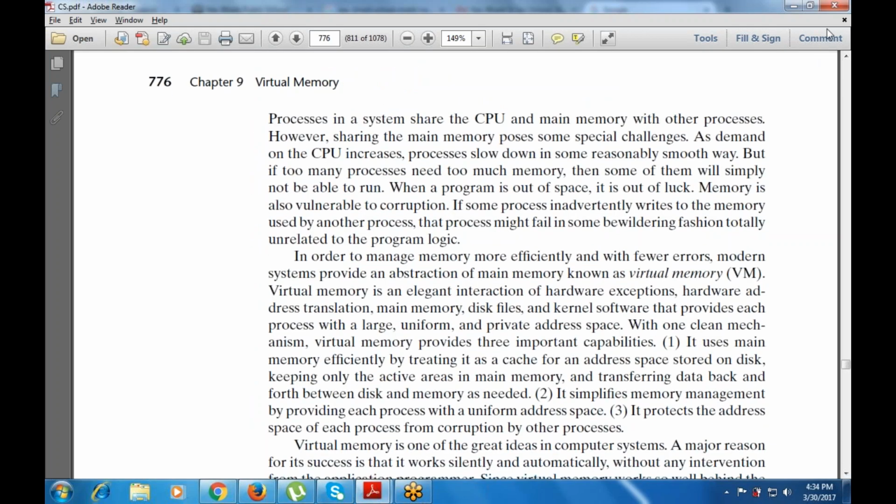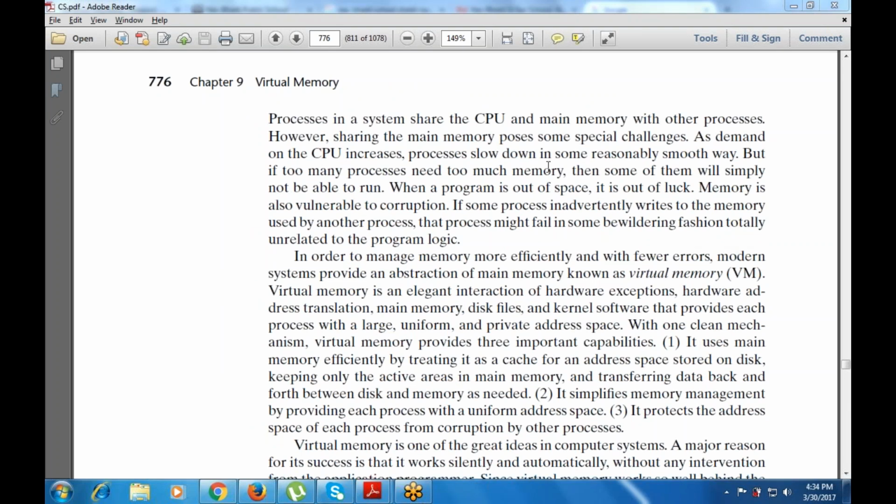Now, whatever the processes in a system, whatever the processor that is used, they share the CPU and the memory with other processes. However, sharing the main memory poses some special challenges.